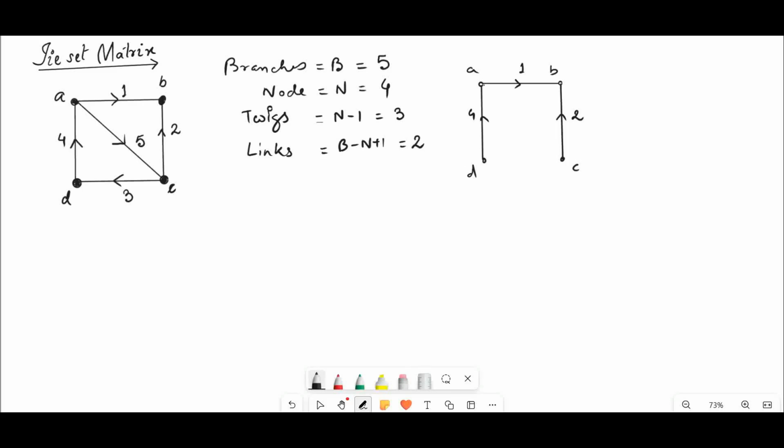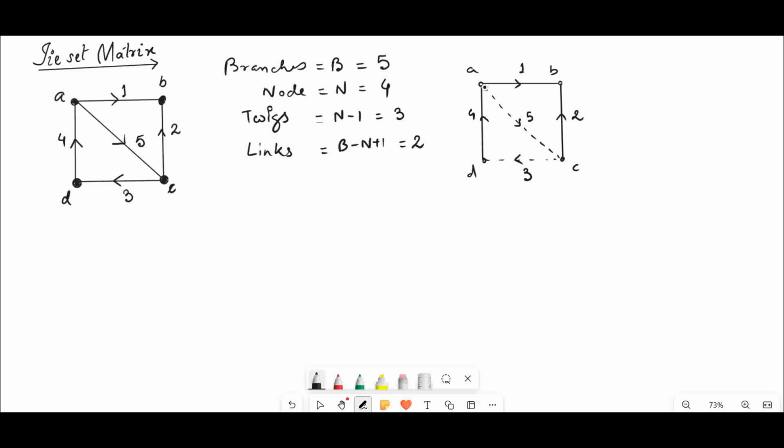As we know, the remaining branches apart from the tree are called the links. So we have the links in this tree, branch number 5 and branch number 3. The number of links is 2, branches 5 and 3, and the number of twigs is 3, branches 1, 2 and 4.